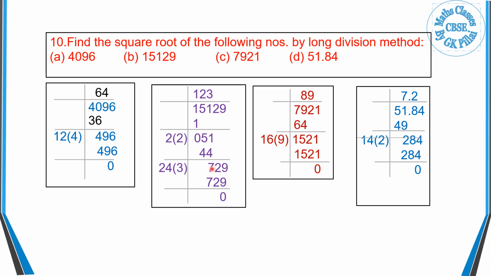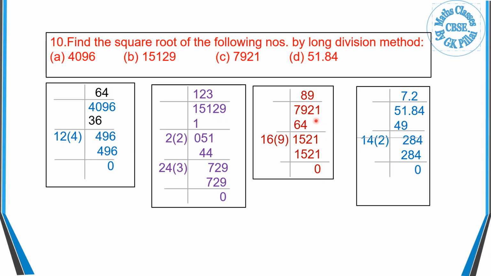Subtract this, I get 7. Bring this 29 down, 729. At the same time multiply again this 12 by 2 and write here, and put any number and multiply by the same number. 243 multiplied by 3, I am getting 729, 0. So 129 is the square root of 15129.